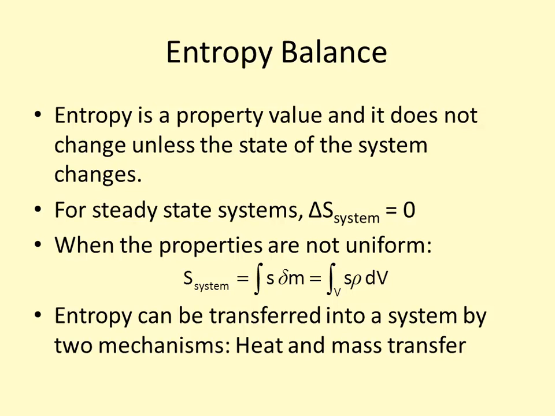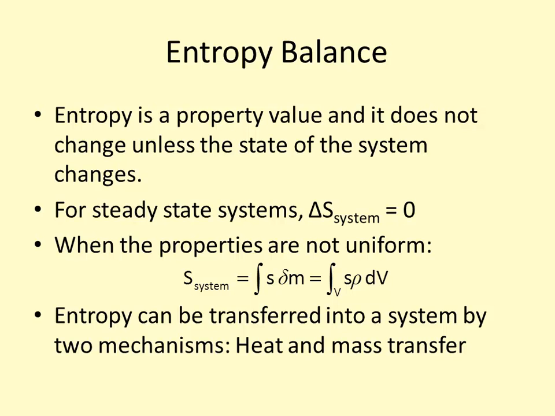Okay. So if we have a steady state system and it's operating at steady flow conditions, then we can say that the change of the entropy of the system over time is 0. So this is actually dS/dt. So if our fluid properties are not changing as our system operates, meaning that the inlet conditions are constant and the exit conditions are constant, then we won't have any change in entropy over time in our system.